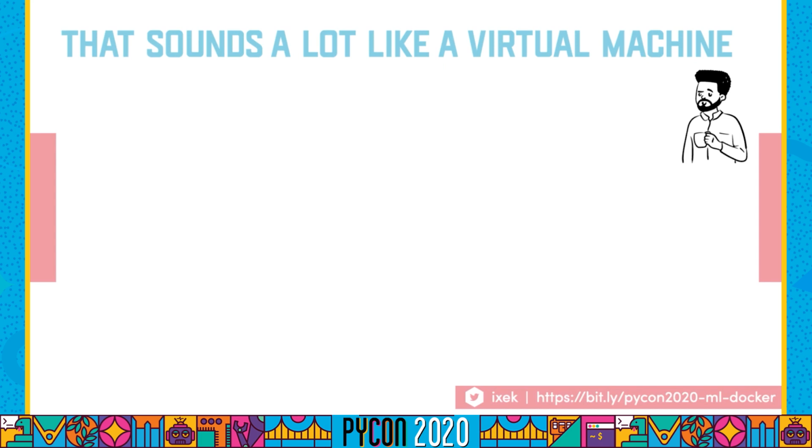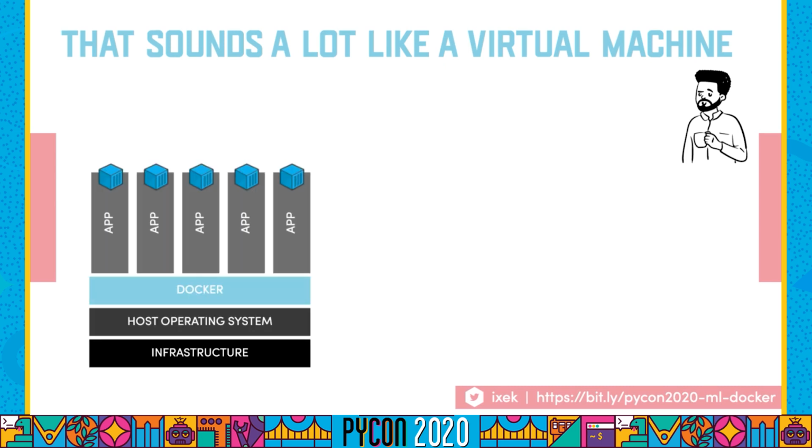I can imagine that those of you that are familiar with virtual machines might think that it looks or sounds a bit familiar. Well, the way Docker and containers work is that you would have your infrastructure, probably a server or the cloud or your computer, and your host operating system. And sitting on top of that, you'll have Docker, and then you can have a lot of different containerized apps running within this setup.